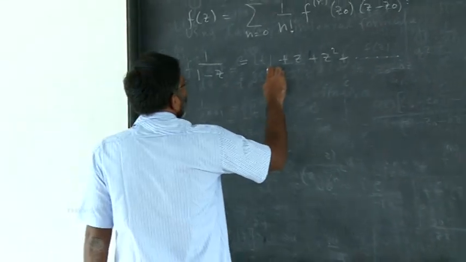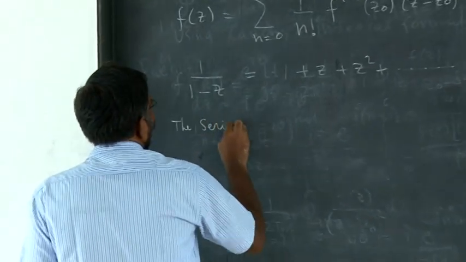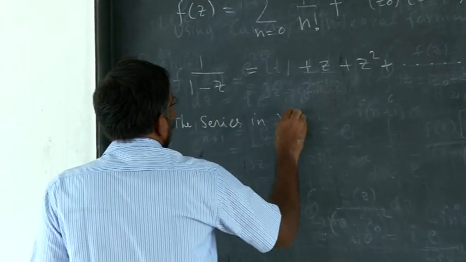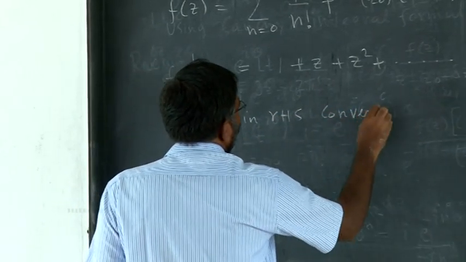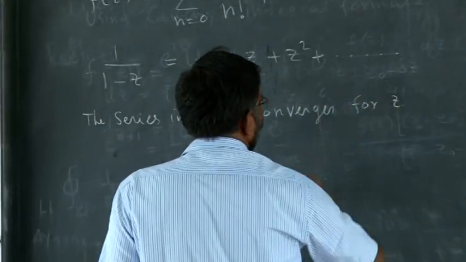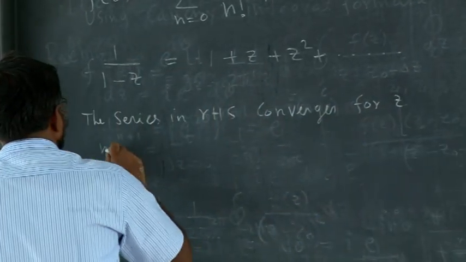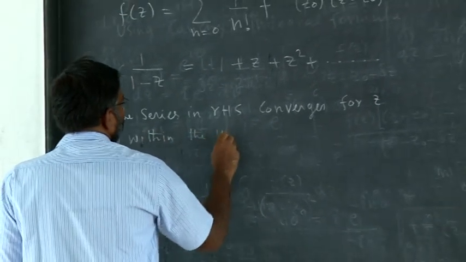So the series on the right hand side converges for z within the unit circle.